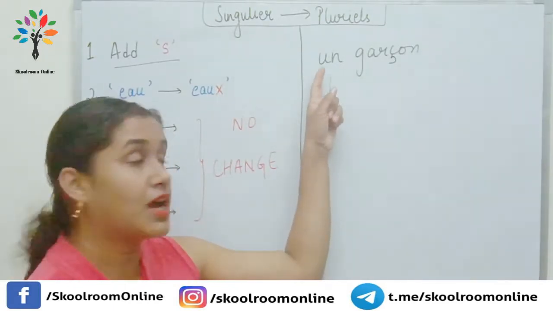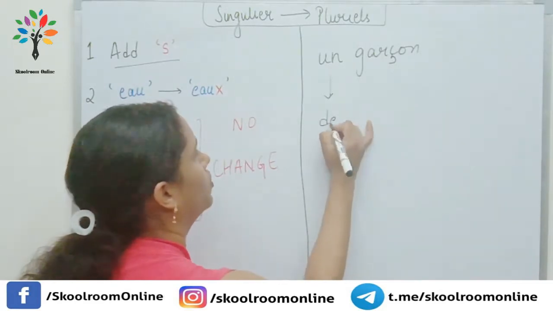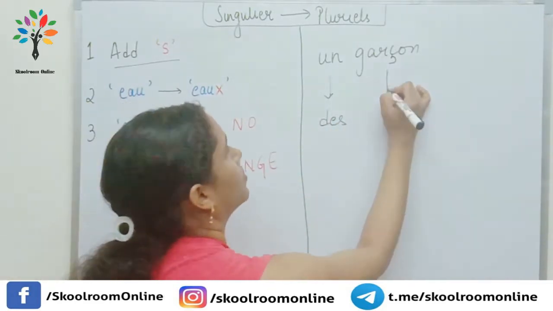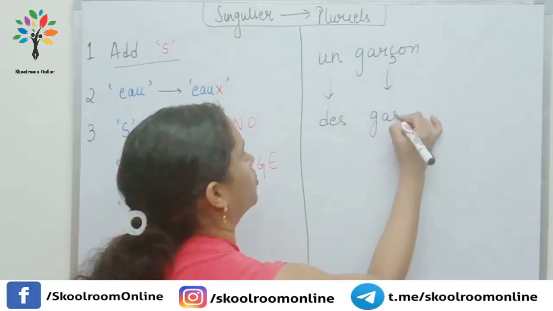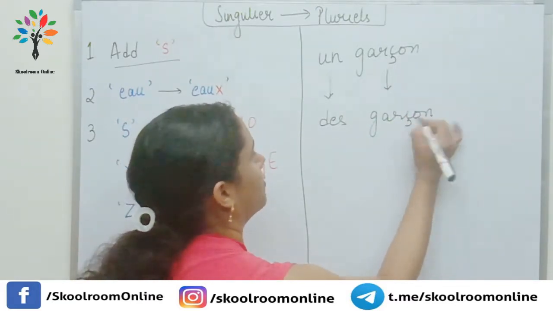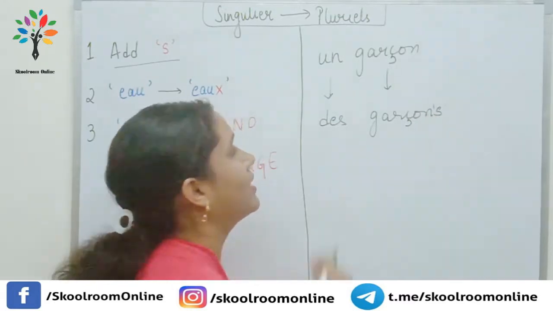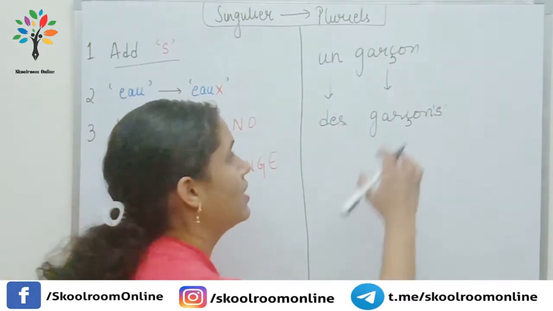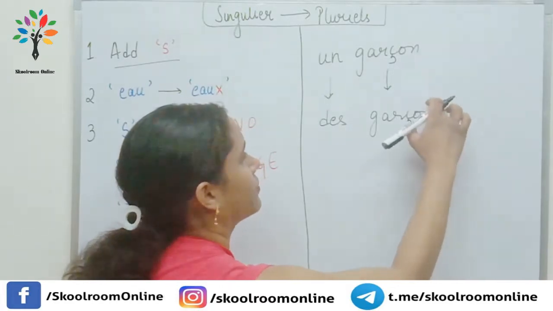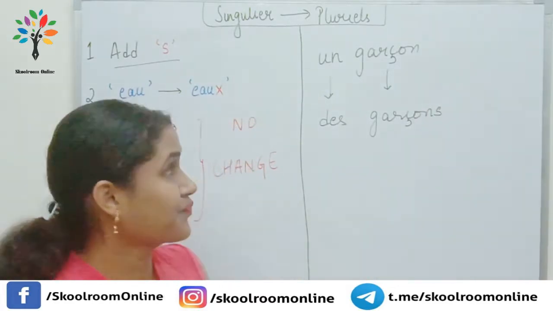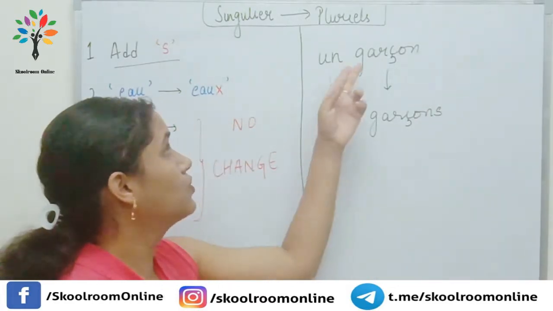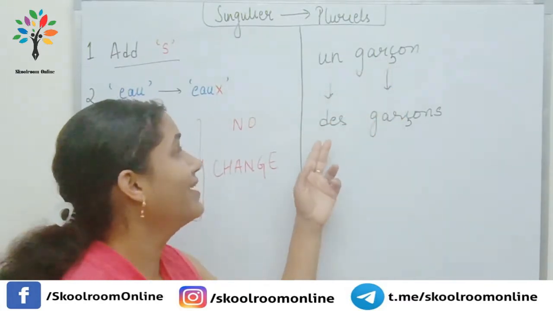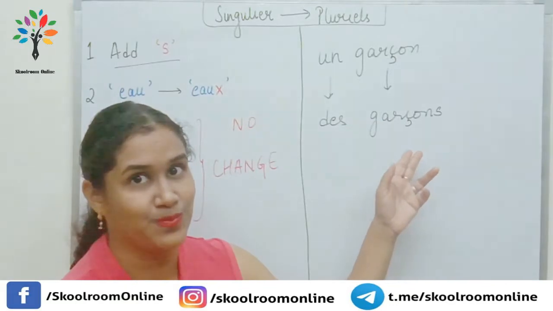The indefinite article changes to "des", and this noun will change to its plural form by simply adding an S. So it will become "des garçons". I'll remove the brackets now. Okay, so the plural form of "un garçon" would be "des garçons".